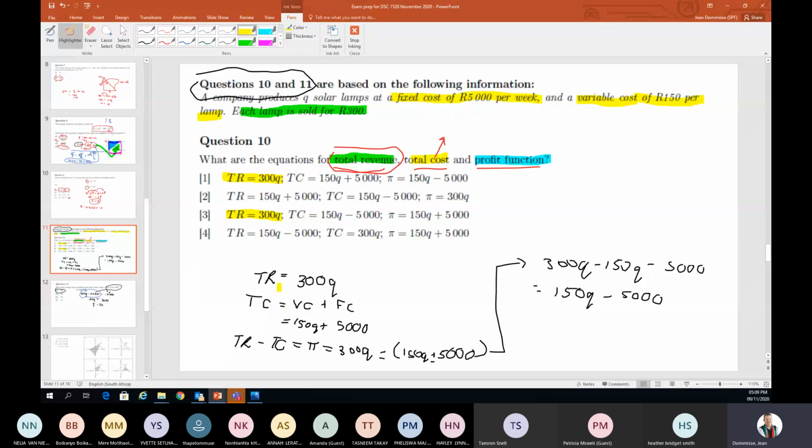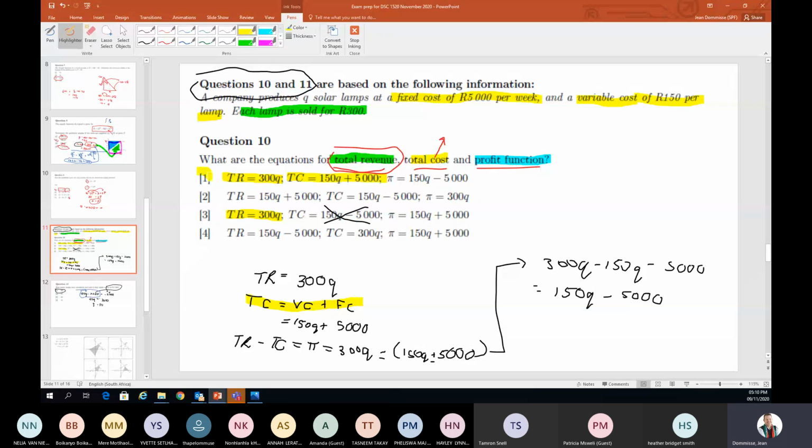If we look at this function, we know it is a variable cost plus a fixed cost. So here we have a variable cost minus a fixed cost. So I would automatically have chosen that one, because this one is wrong, because you're not subtracting your fixed cost, you're adding it. So by default, you only had the top one.